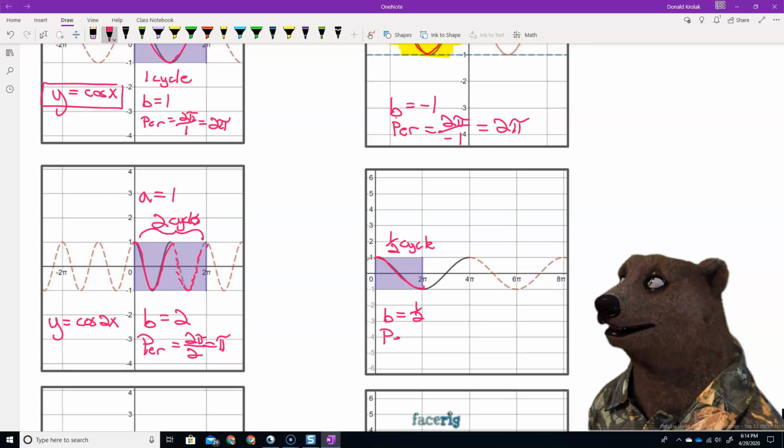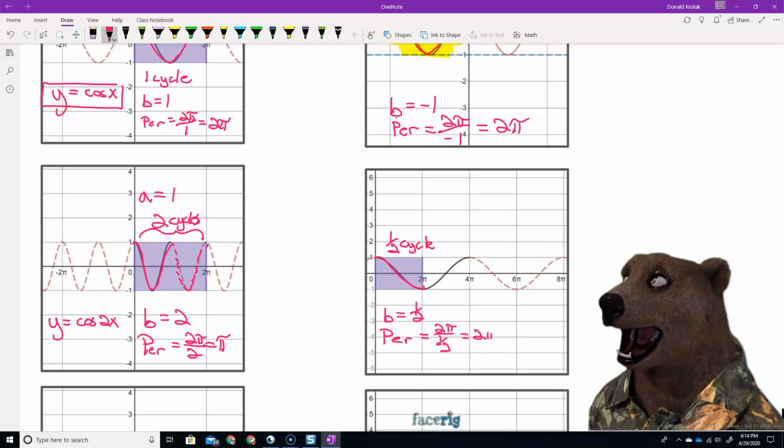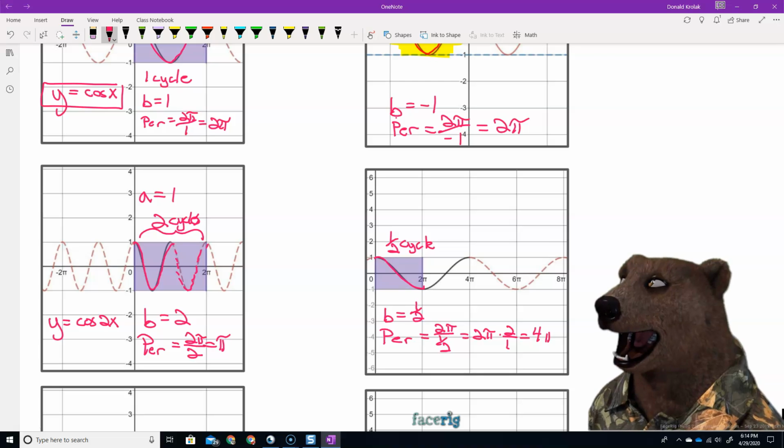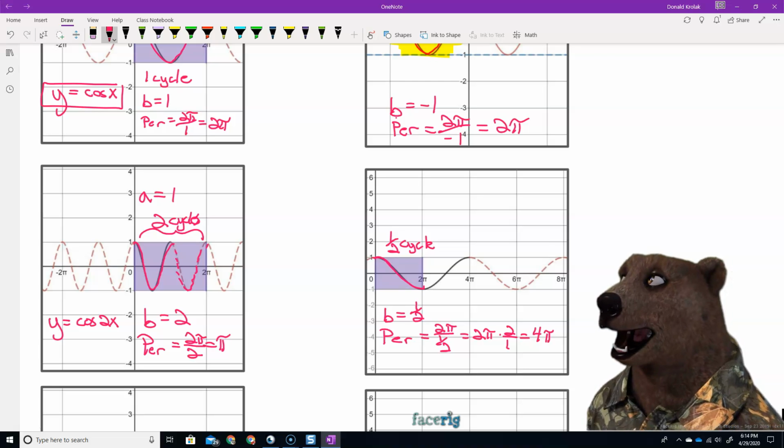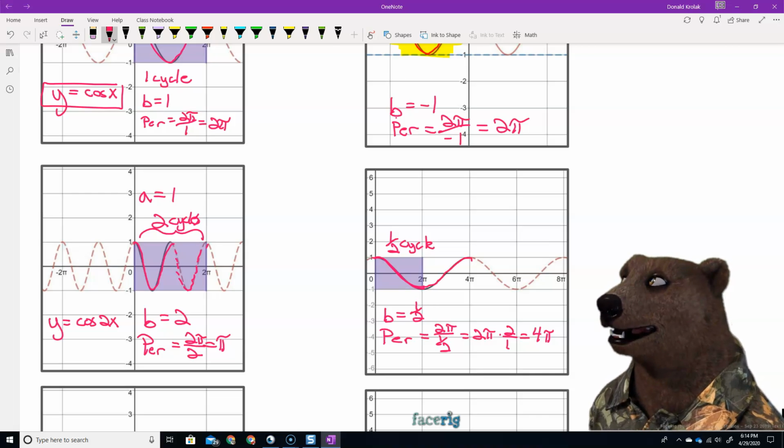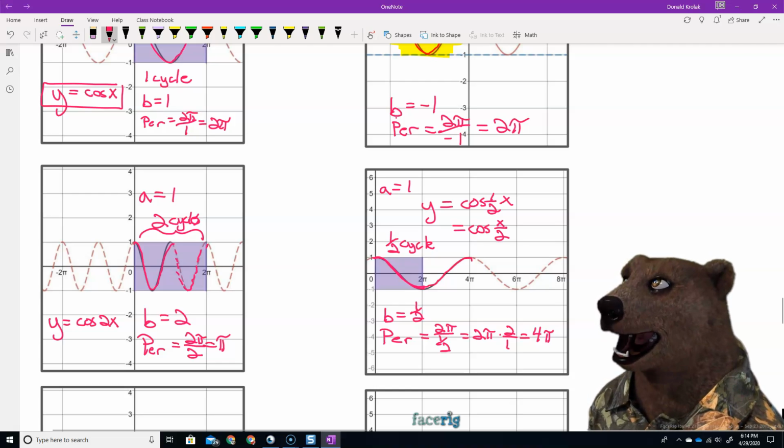So my period is 2 pi divided by 1/2, which is 2 pi times 2/1, which is 4 pi. So you can see, to see a full cycle of cosine, you have to go all the way to 4 pi. Amplitude is still 1, so my equation is 1 cosine 1/2 x, or cosine x over 2, same thing.